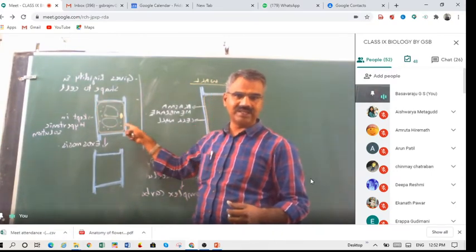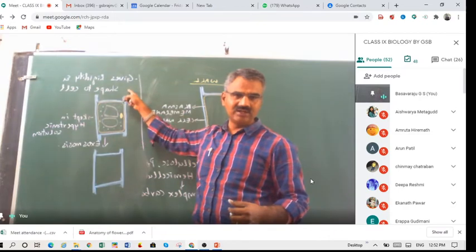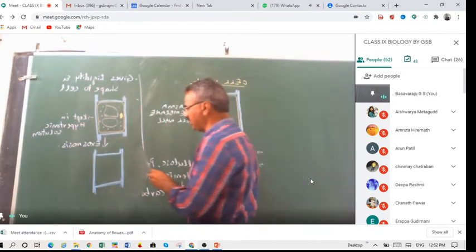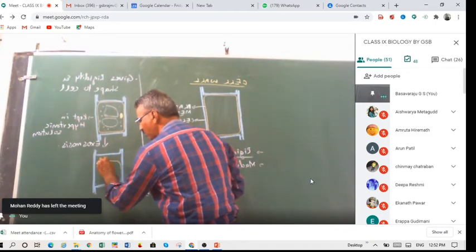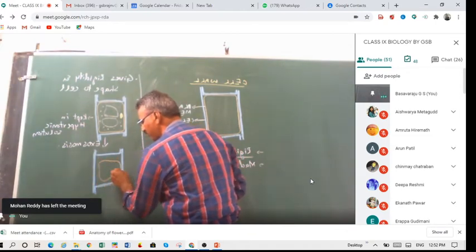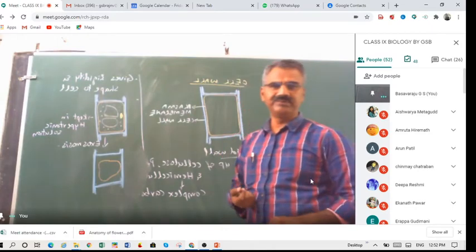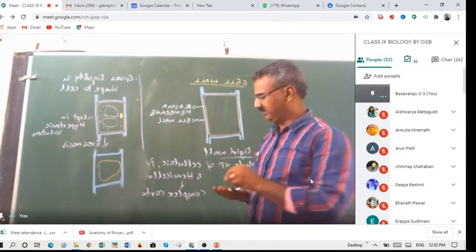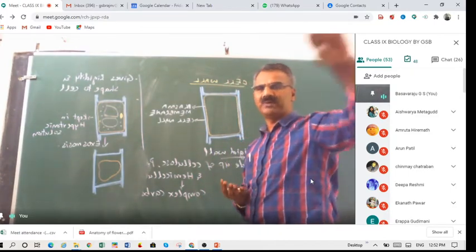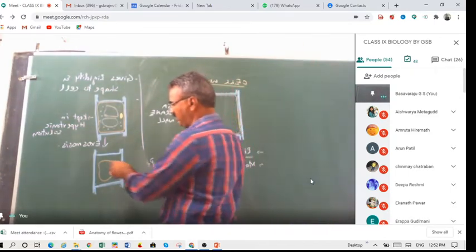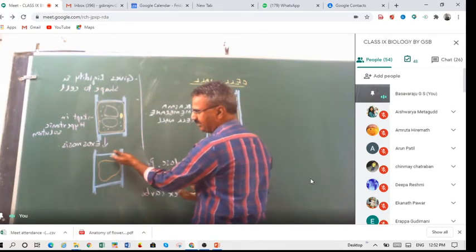Now you see the plasma membrane would have moved like this. What happened here? The plasma membrane has moved away from the cell wall.